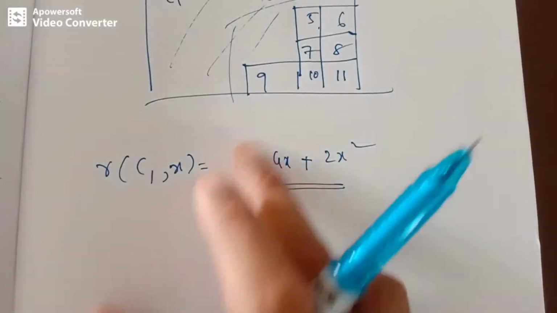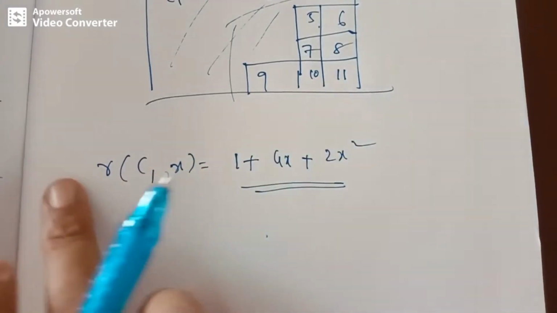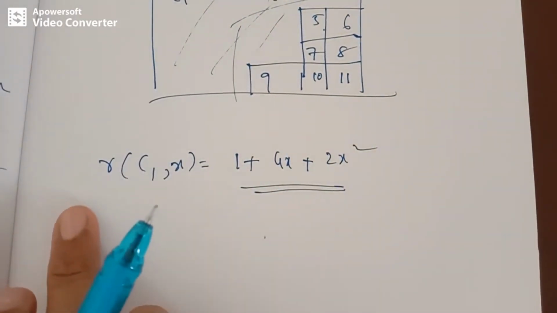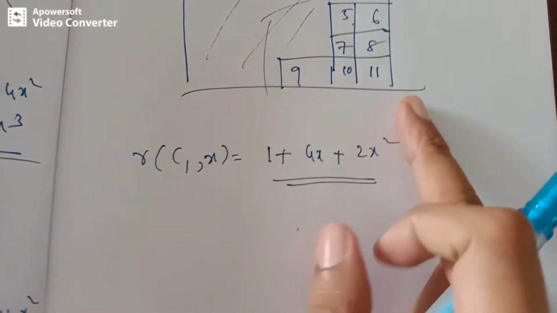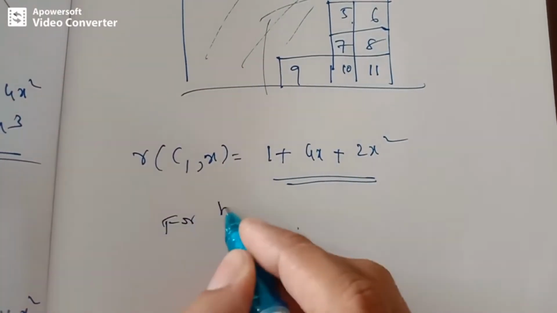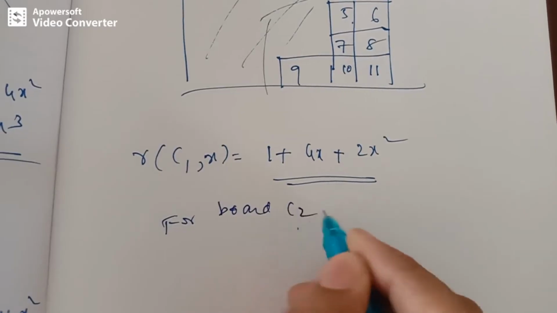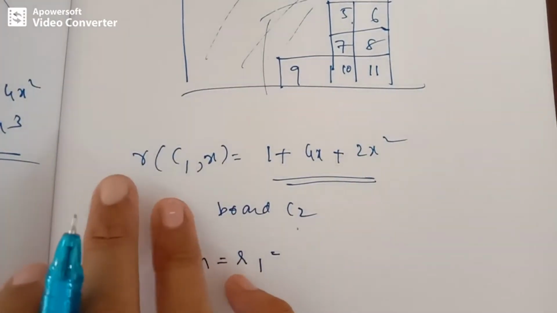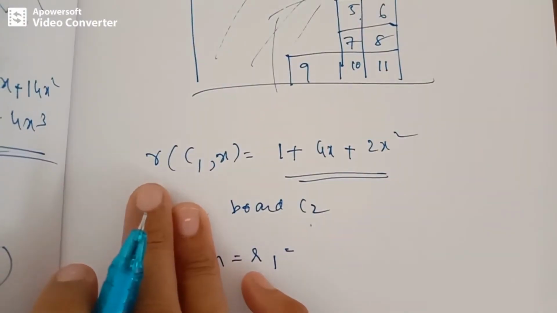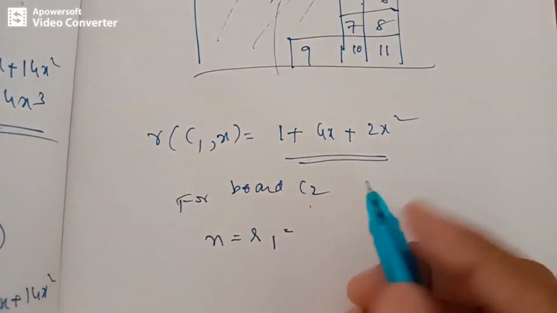Since I have not calculated this value, I will be writing it out. For this board C2, what is the value of R1? The value of R1 is 7.